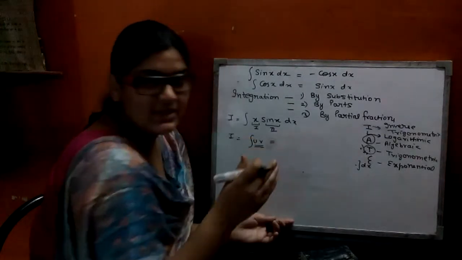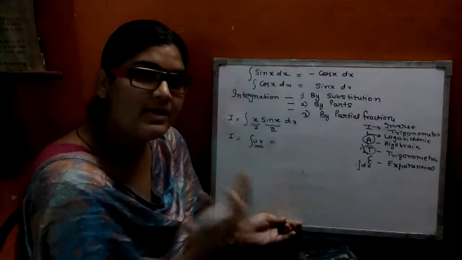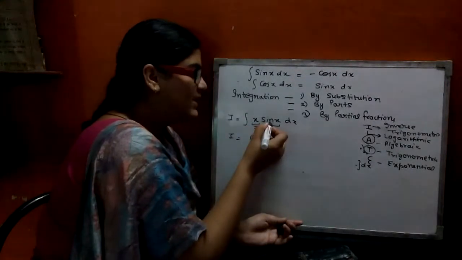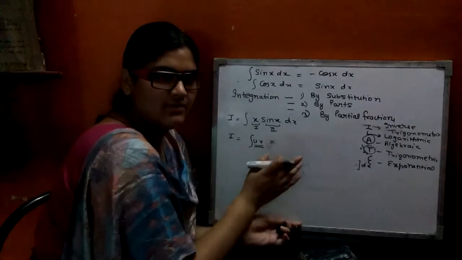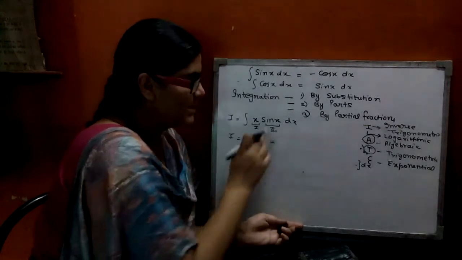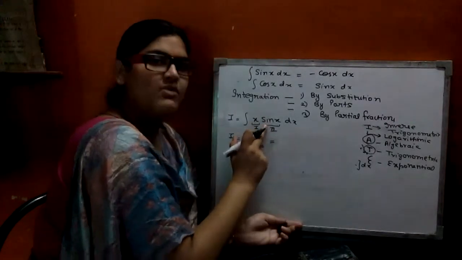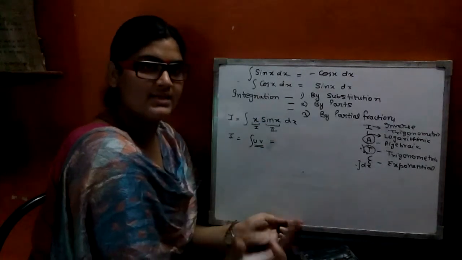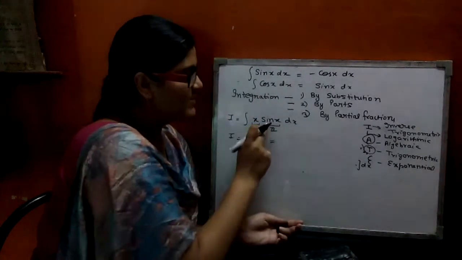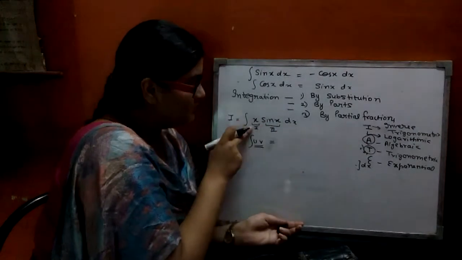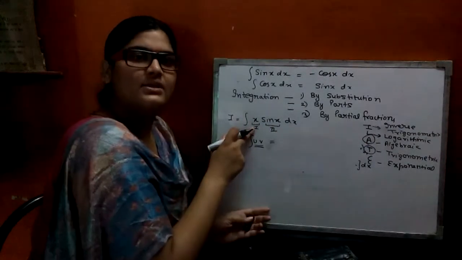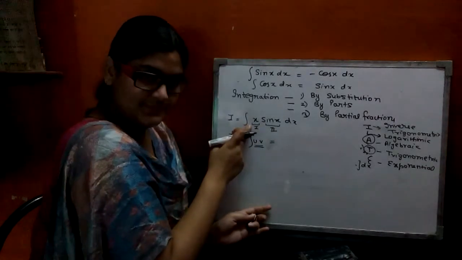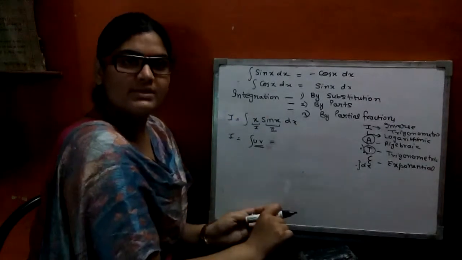Take the function which terminates after differentiating it. As we know, if we differentiate sin x, we get cos x, then differentiation of cos x is minus sin x, and so on. It keeps moving, but if you differentiate x, after one step it terminates: differentiation of x is 1, and then differentiation of 1 is 0.